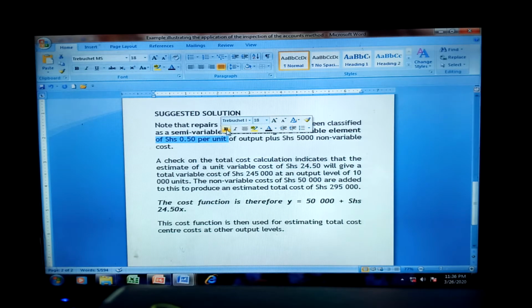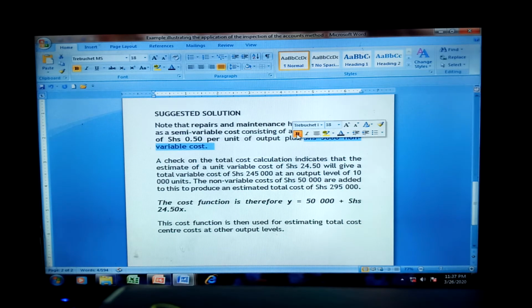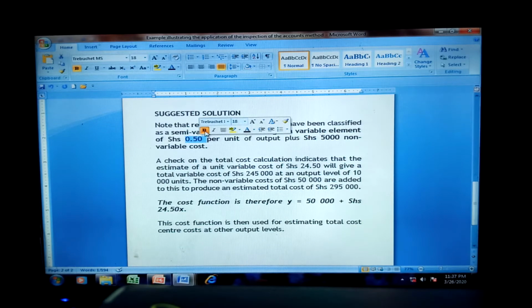Remember, it is 10,000 cash and our output is also 10,000, meaning that the cost per unit is 1, but out of that cost per unit of shillings 1, 0.5 per unit is variable plus shillings 5,000 non-variable cost. So 5,000 is variable, 5,000 is non-variable. And for the variable cost element, we have to determine the variable cost per unit, and in this case that is 0.5.